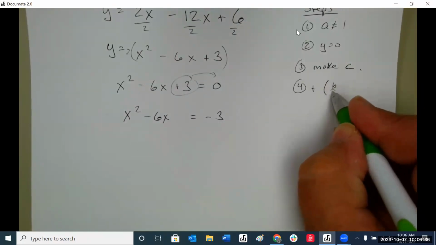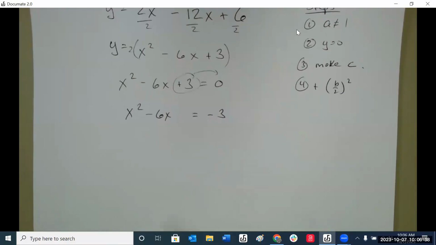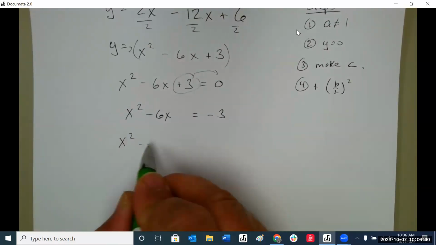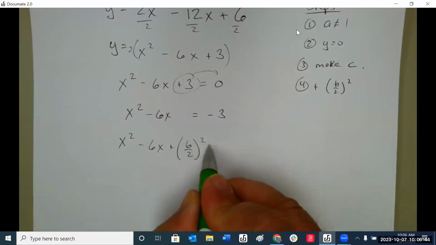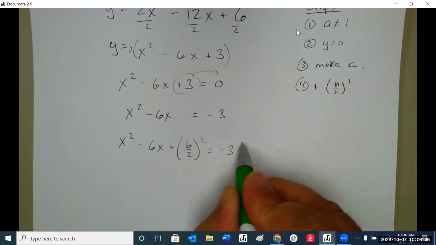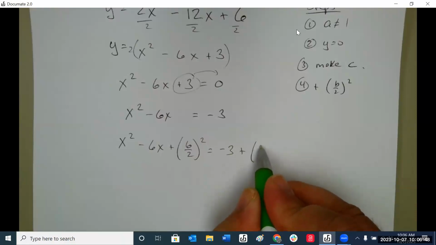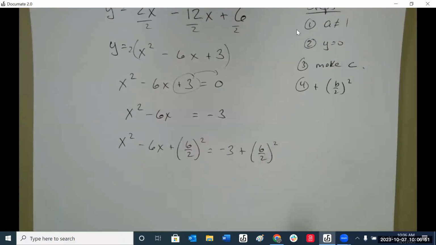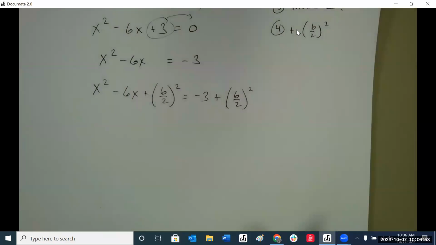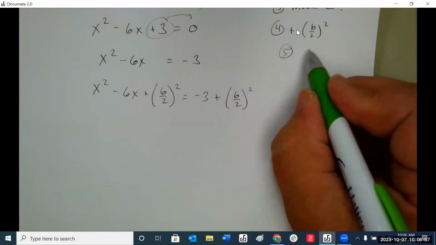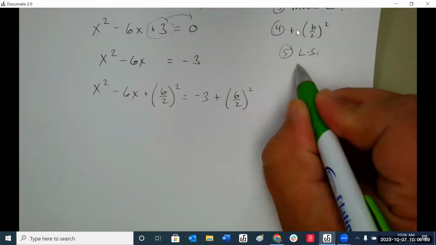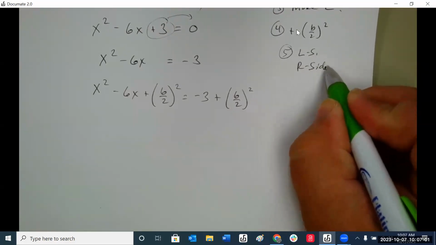Add (b over 2) squared to both sides. Left side, right side.